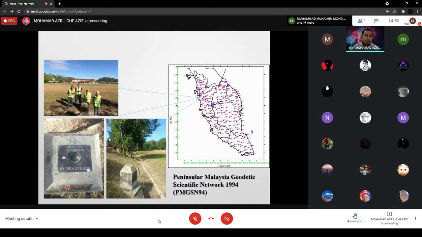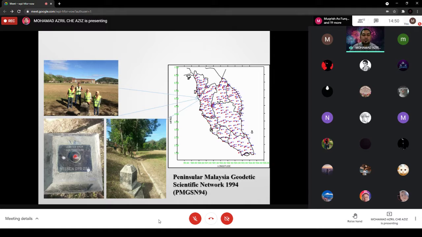But don't be confused: this one is used as the control point for the PMGSN 94. It is already written as a GPS station, prepared by Jabatan Ukur dan Pemetaan.